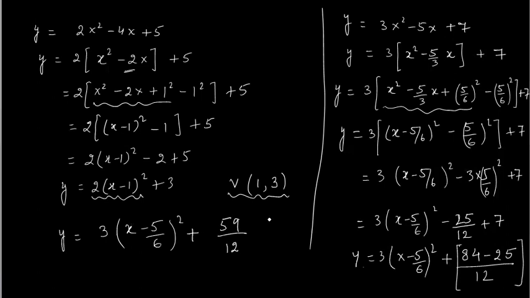Now this equation is in vertex form, and the vertex of this quadratic equation is nothing but 5 by 6 and 59 over 12.